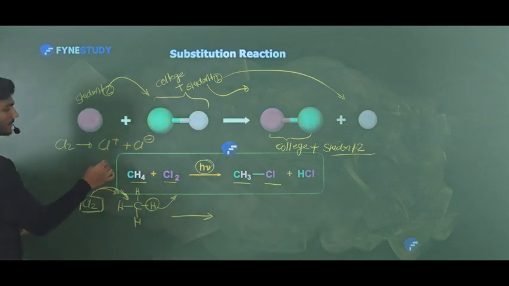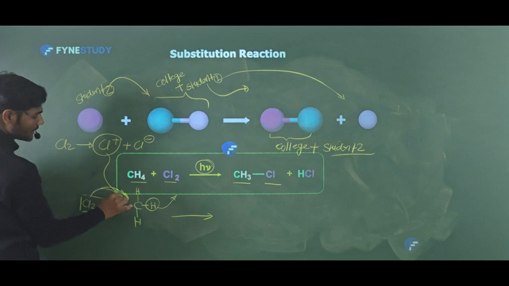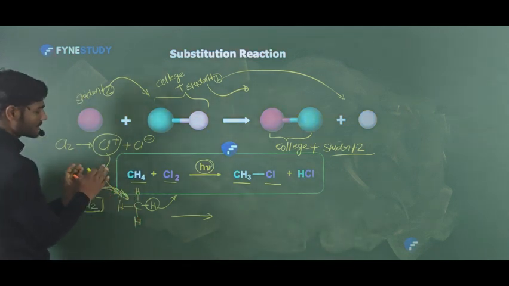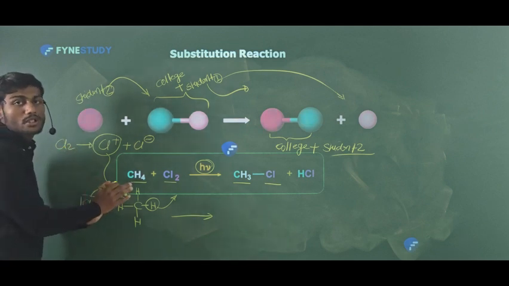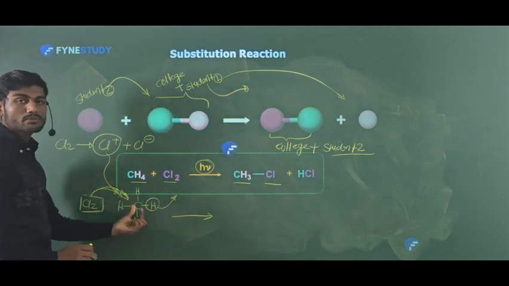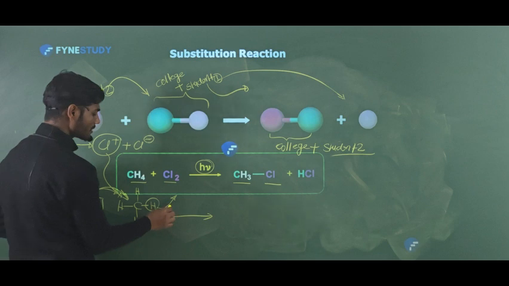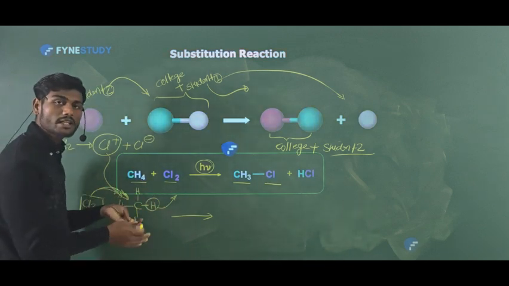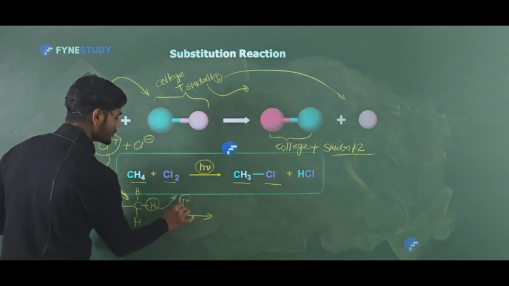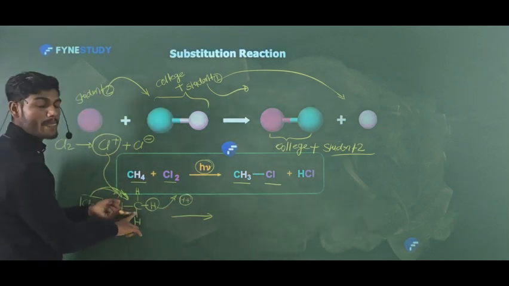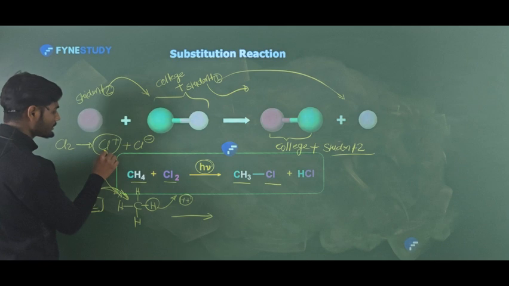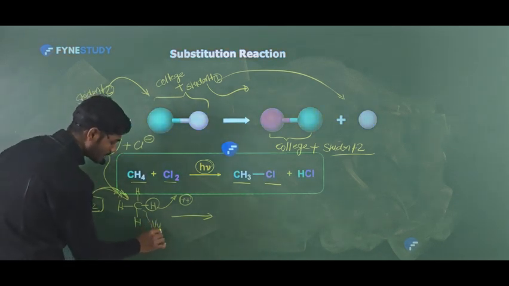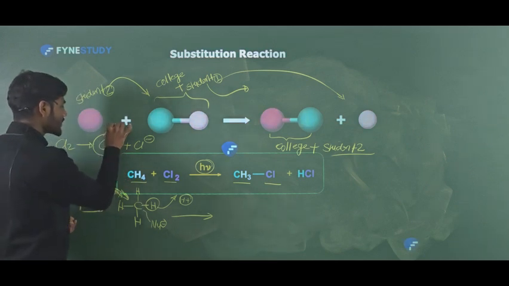Here the Cl plus will approach the carbon. It means student 2 is approaching the college. One of the hydrogens will leave as H plus, because hydrogen has less electronegativity as compared to carbon. So on the carbon there is an excess of electrons and the chlorine has fewer electrons. It means this one is a nucleophile and this one is the electrophile.